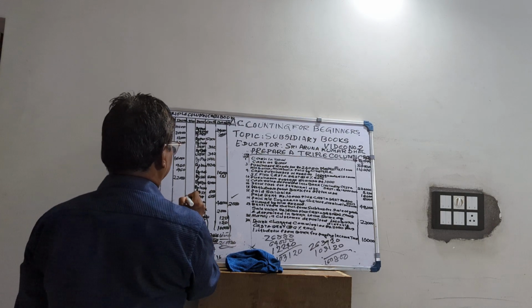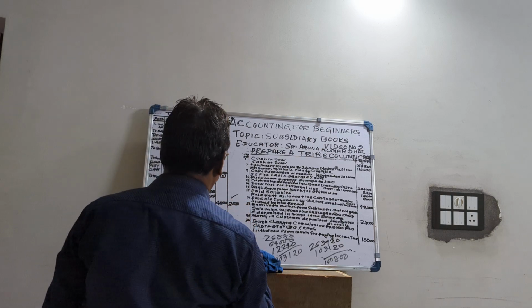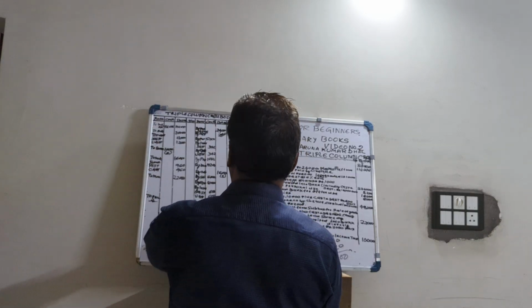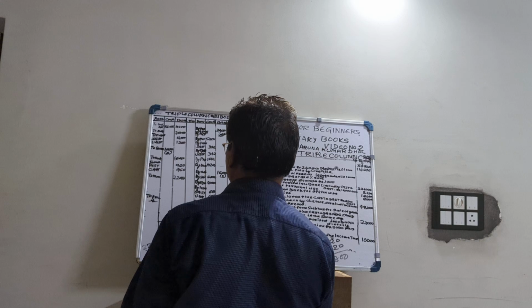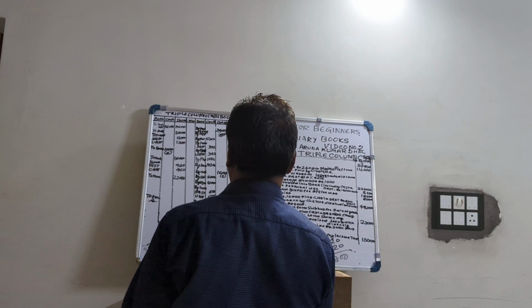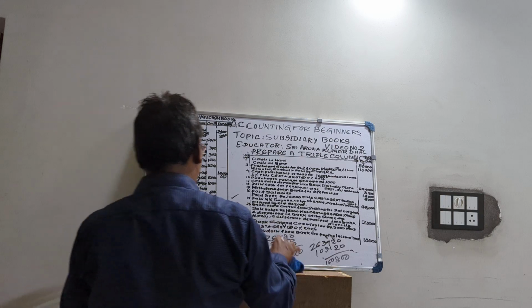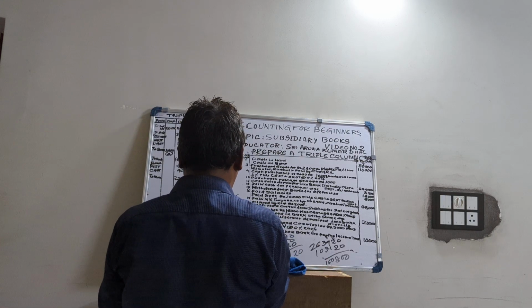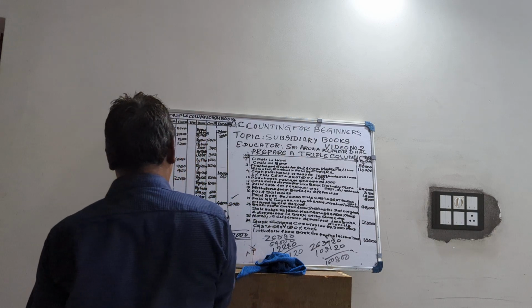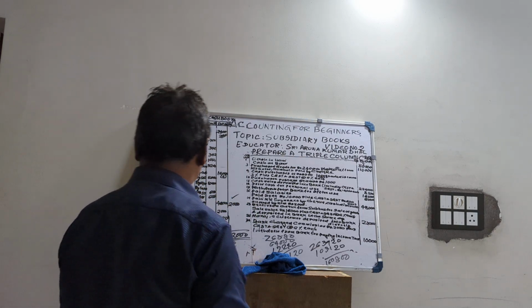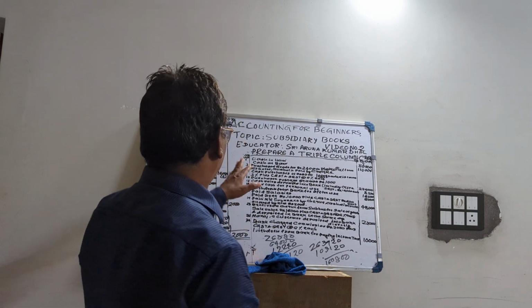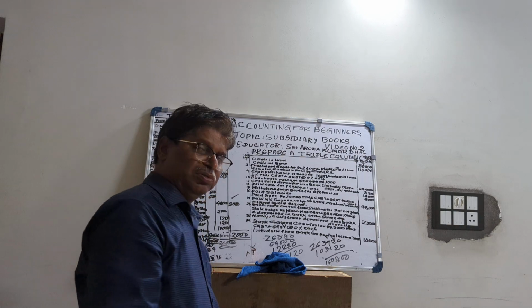Discount we will not balance, so write only the discount total, that is 2,000, the discount received total. Discount allowed total is 0. So this is all about preparation of the cash book.